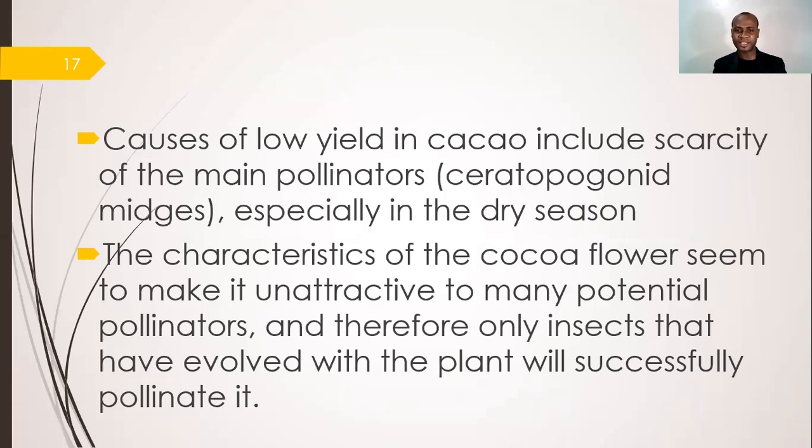The characteristics of the cacao flower seem to make it unattractive to many potential pollinators. Therefore, only insects that have evolved with the plant will successfully pollinate it. What that means is that, unlike many other flowers with nice looking petals and bright colors that attract insects, cacao flowers are not like that.